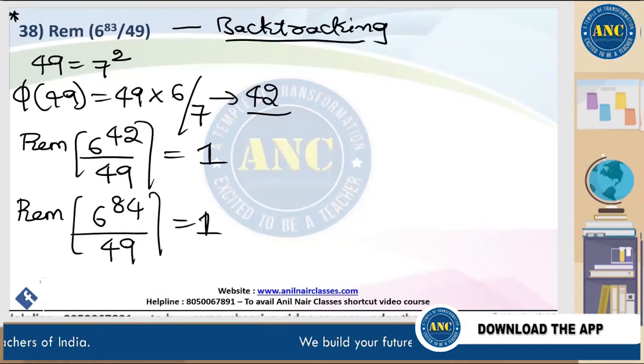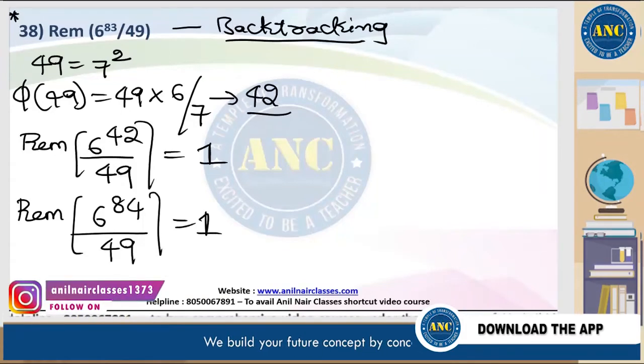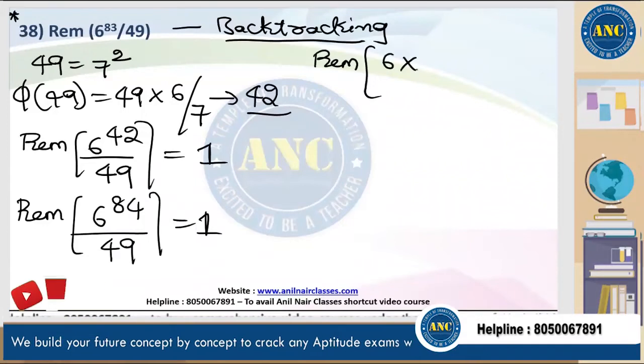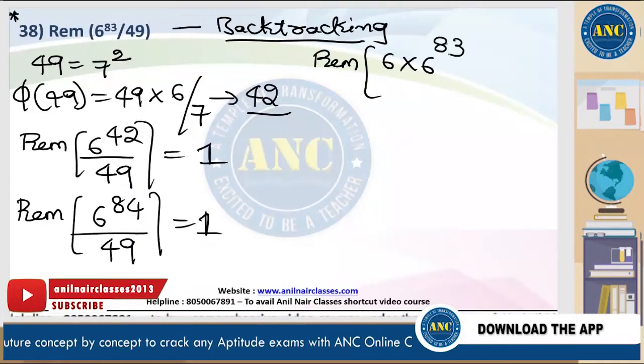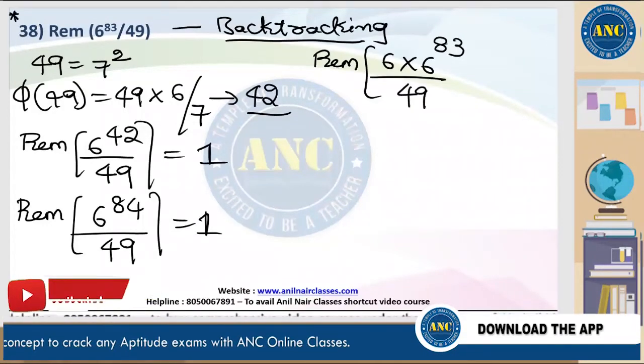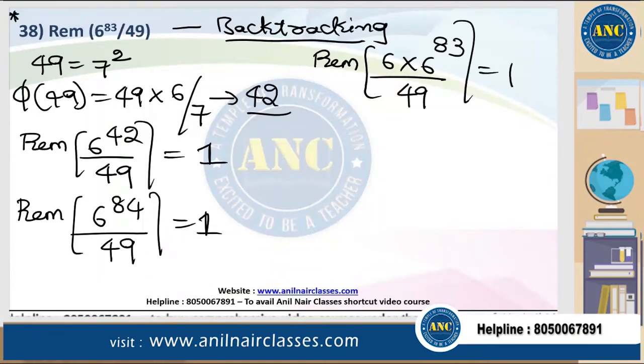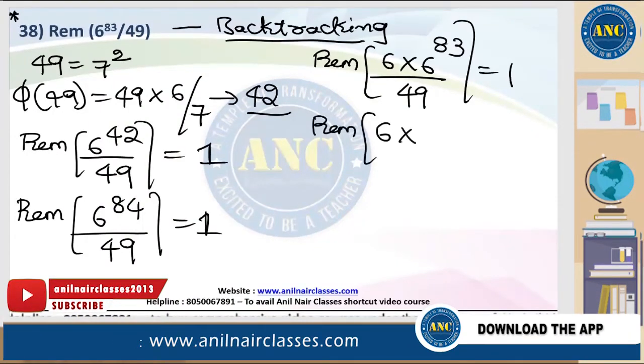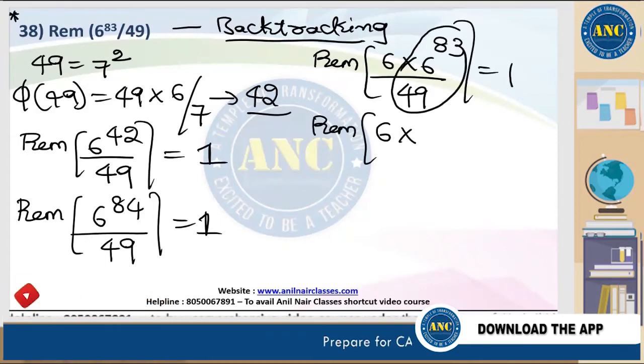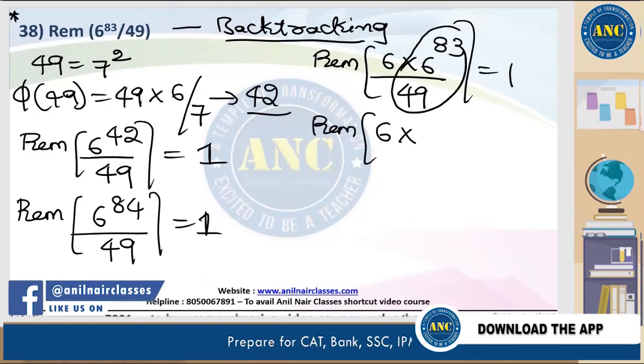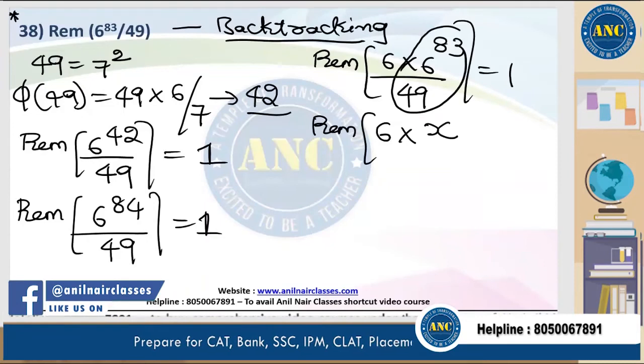Are you all with me? But I want 6 power 83. So this is nothing but 6 into 6 power 83 divided by 49 is 1. 6 divided by 49 is 6. 6 power 83 by 49, the remainder we require, call it x.